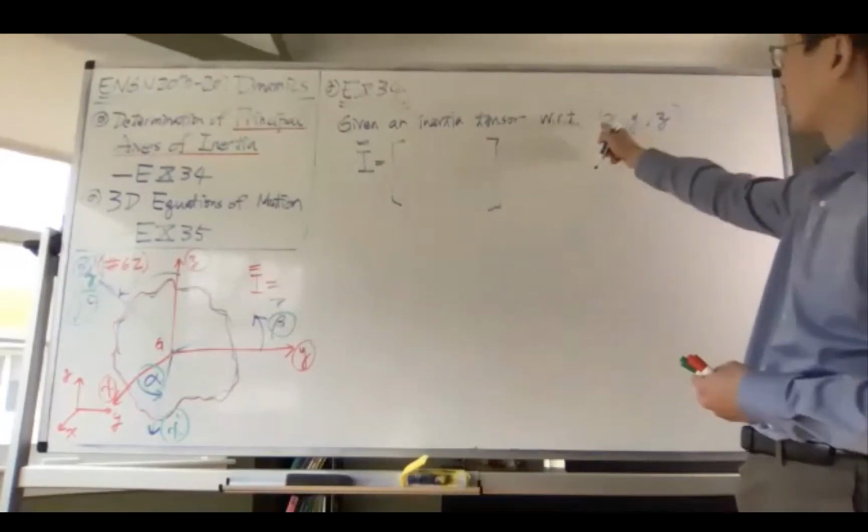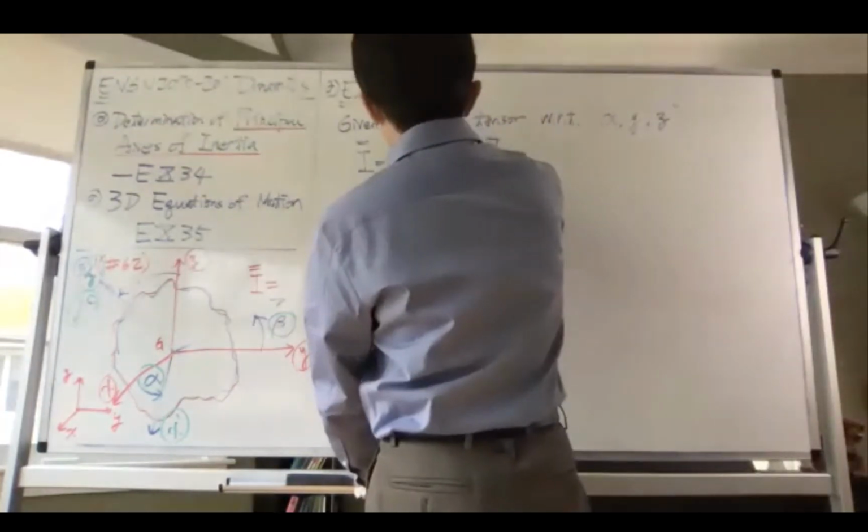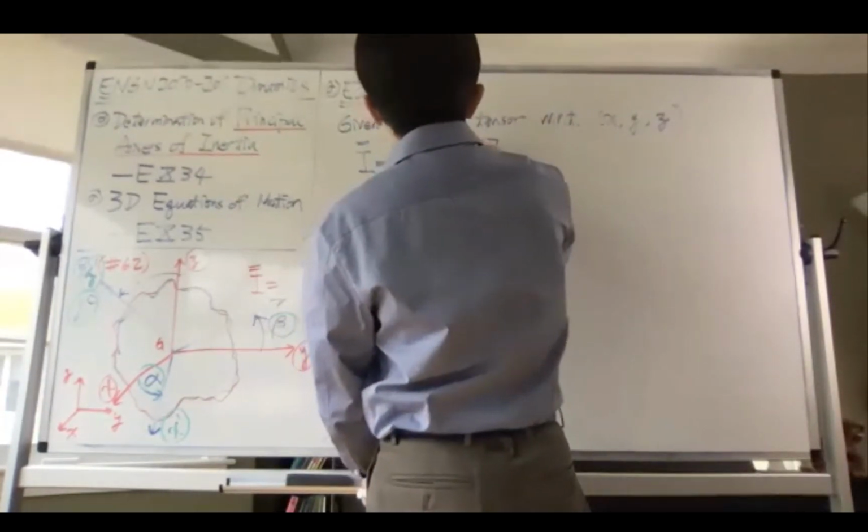So it's just with respect to x, y, z, which is arbitrarily selected. And as a result, I will just give you the values here.